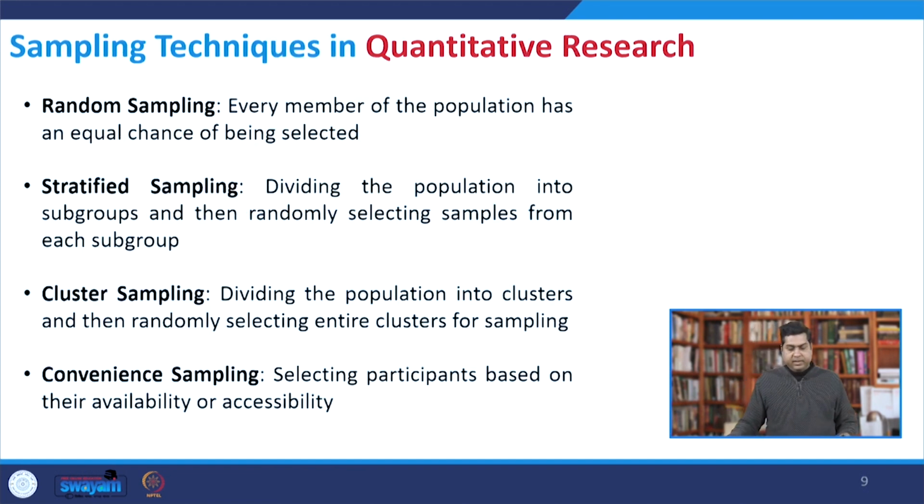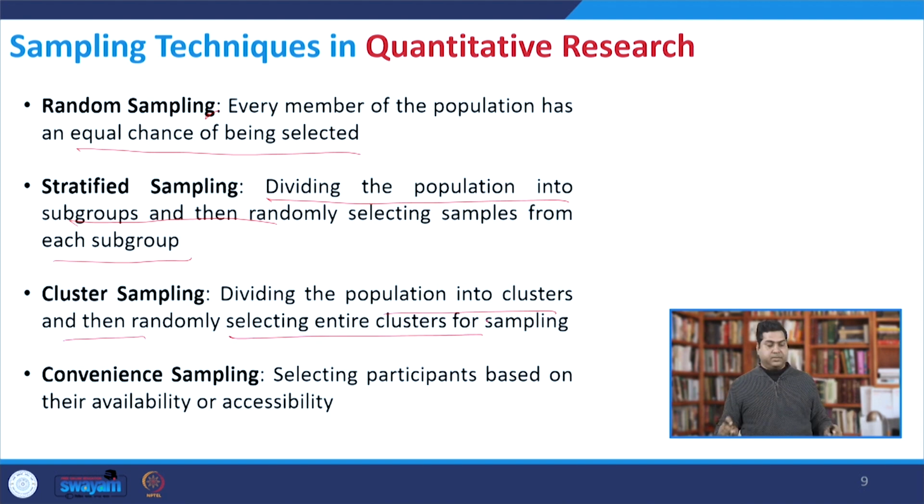Now sampling technique. In this case it can definitely be random sampling, where every member of the population has an equal chance of being selected. It can be stratified sampling, where the population is divided into different subgroups and a sample is randomly selected from each subgroup. Cluster sampling is a little different, where the population is divided into clusters and the entire cluster is randomly selected.